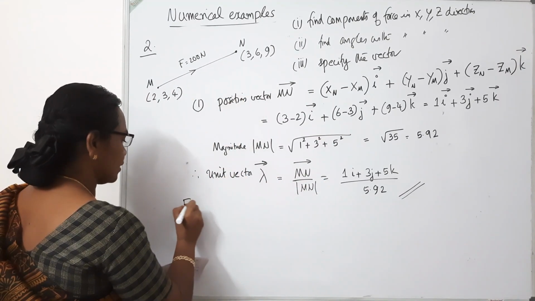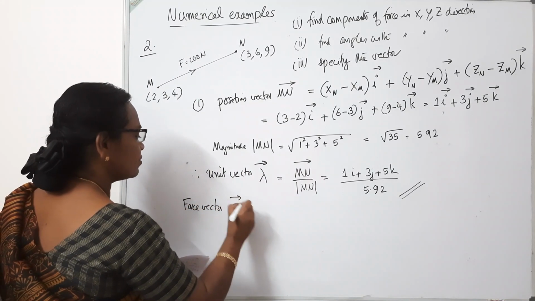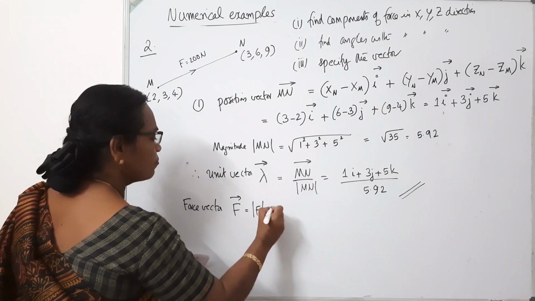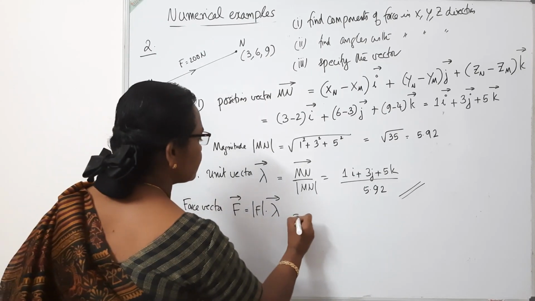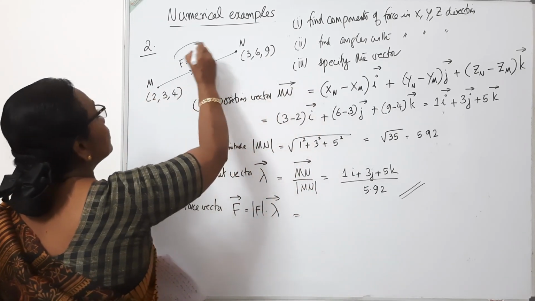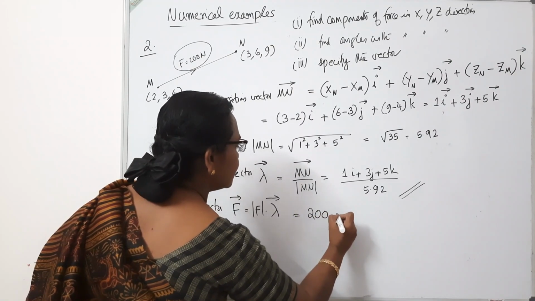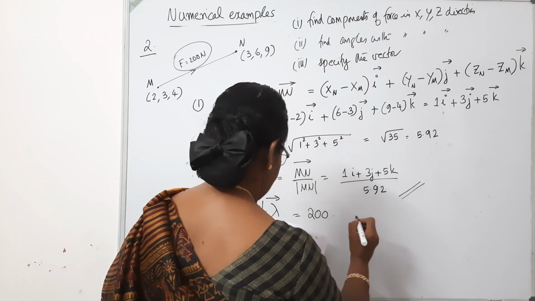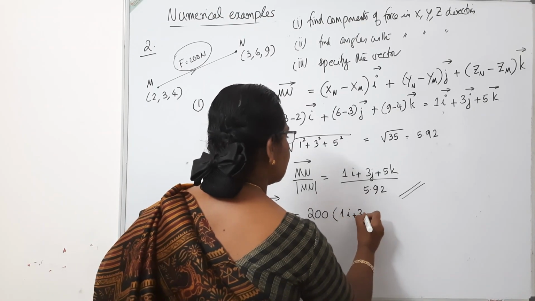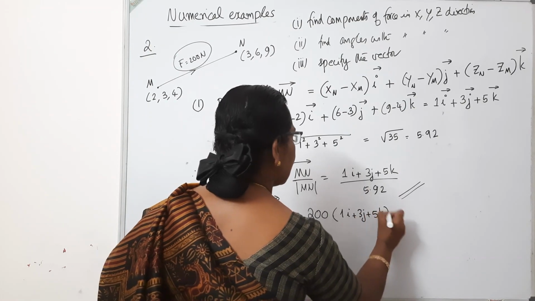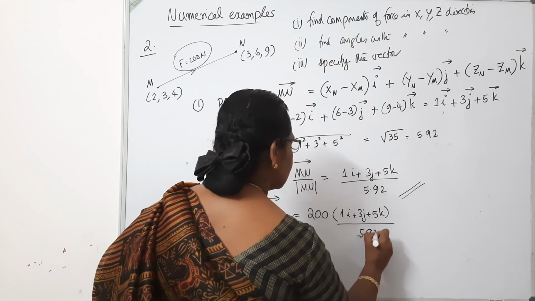Now the force vector F is given by magnitude of F into unit vector in the direction of F. Magnitude of F is given in the question, 200 Newton. So 200 into 1i plus 3j plus 5k divided by 5.92.